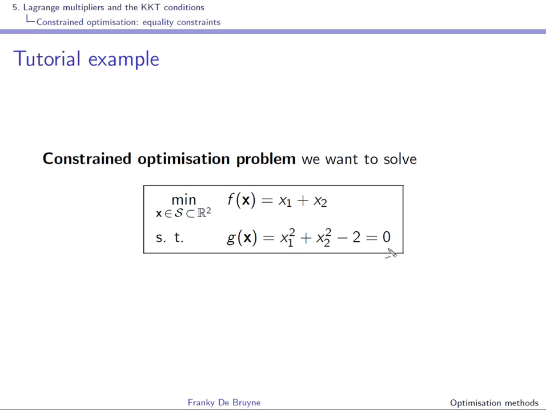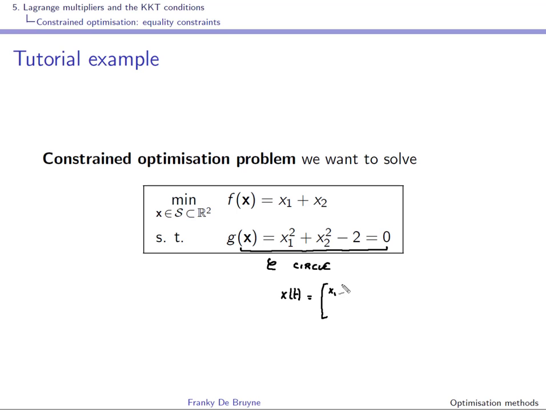So here we have this constraint, g(x) is equal to 0, and if you look at this, you will see that the curve C will be a circle centered at the origin in the x1, x2 plane, and it will have a radius square root of 2. So here x of t can easily be parameterized as follows.